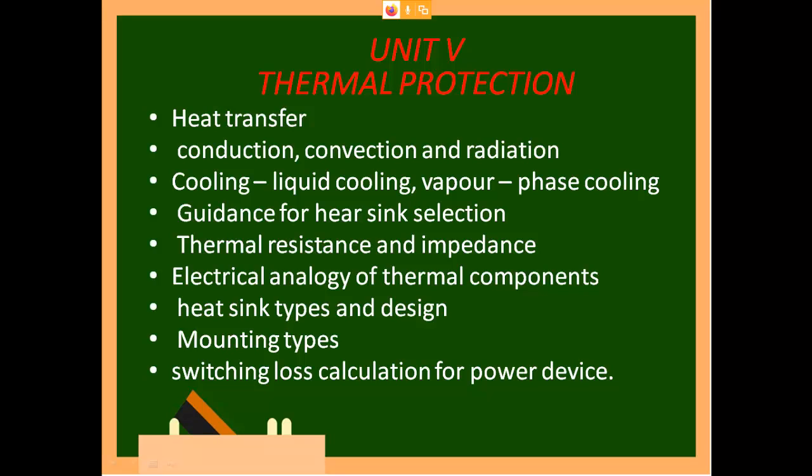Okay, first one is heat transfer. I think we all might have seen the motherboard of a computer. There is a fan over it, above the processor, to transfer the heat from the processor. There are three ways: one is called conduction, another is convection, and the third is radiation.